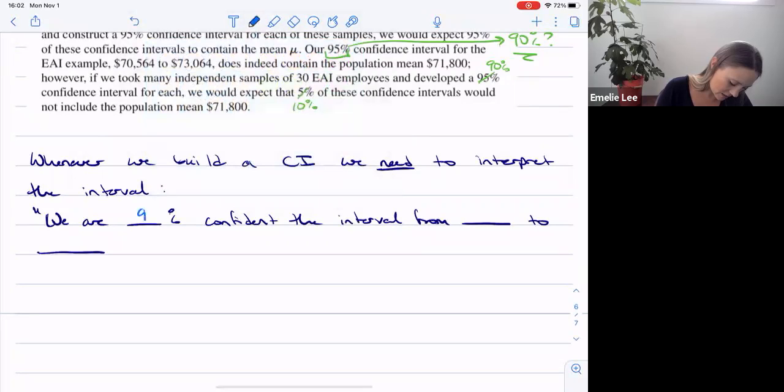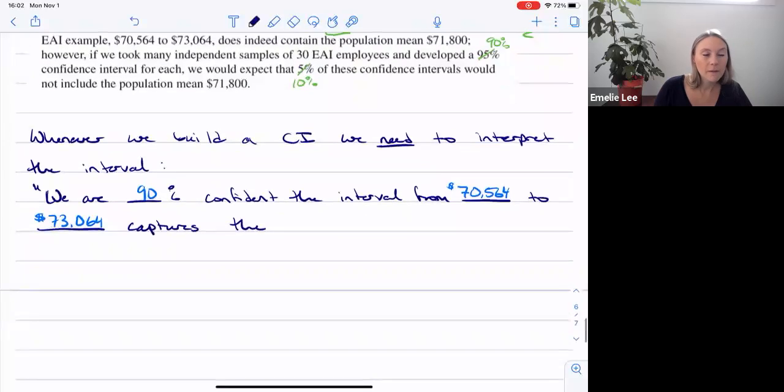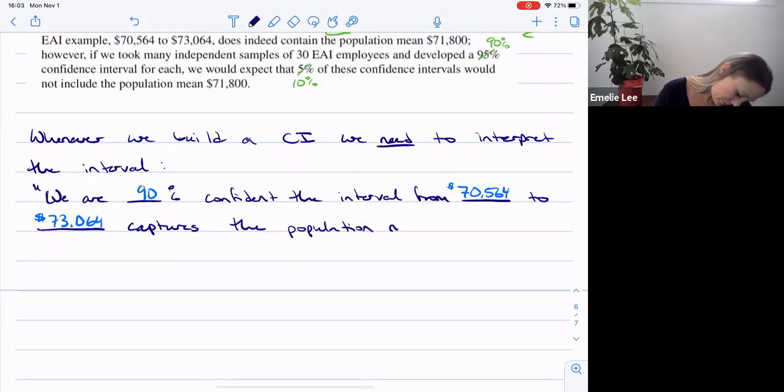And so in this case, it'd be 90% confident the interval from 70,564 to 73,064 captures the true population mean salary, or maybe what we'll just say, so sometimes I'll say true just to emphasize that it's for the population, but what we'll say is captures the population mean salary.